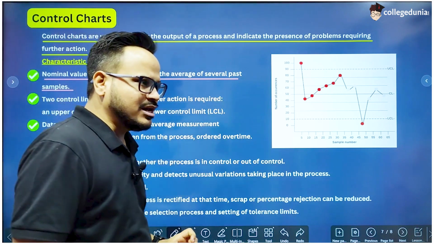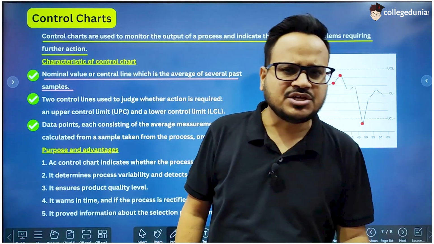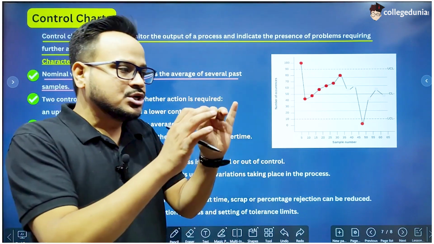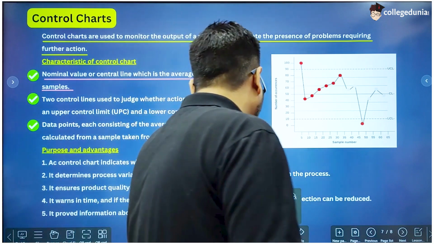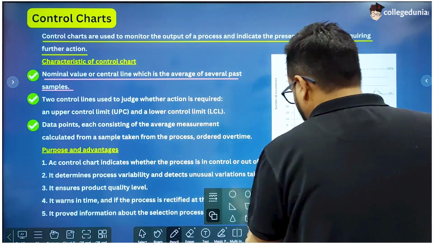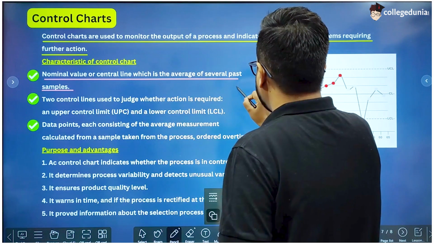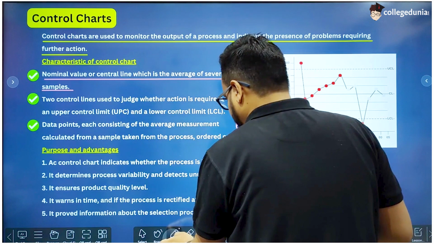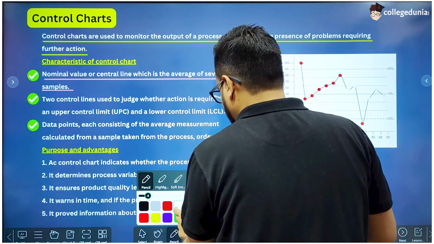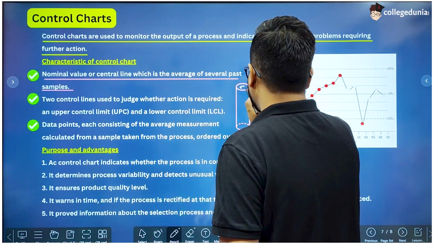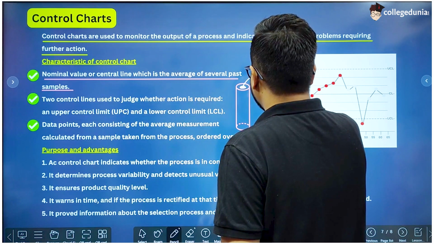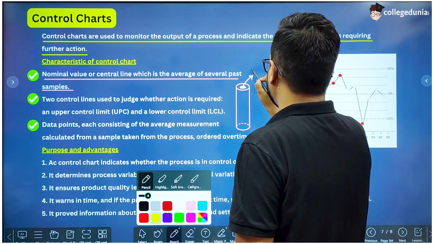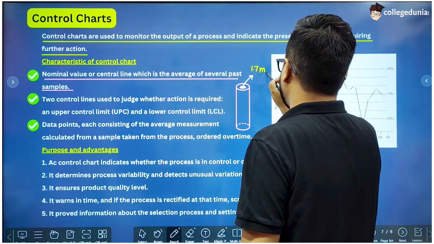Obviously, if the item is being manufactured, we are not manufacturing it for the first time. We already have the standard values that the item should be according to these standards. For example, suppose we are manufacturing a component which looks like a cylinder, and there is a cylindrical shaped hole in the interior of this, and we know that the diameter of this hole is, suppose, 1.7 mm.